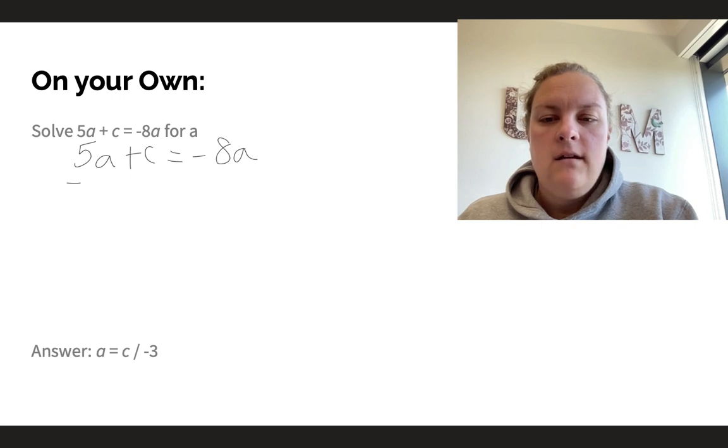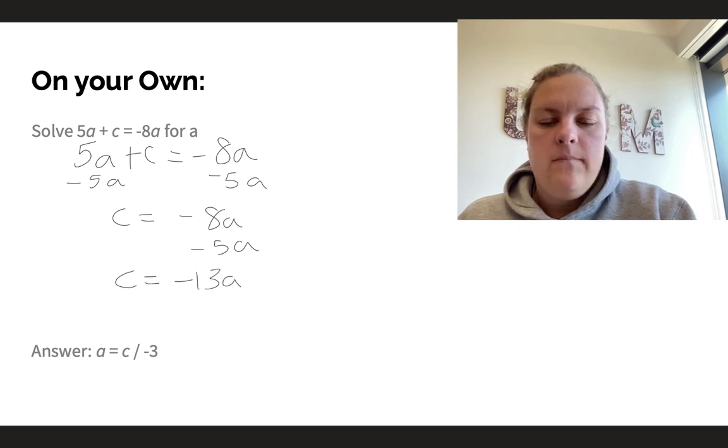And I'm going to subtract 5a from both sides. I get c equals negative 8a minus 5a. That gives me c equals negative 13a.